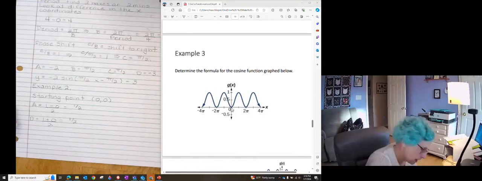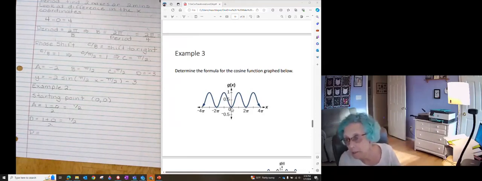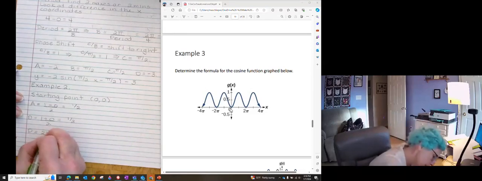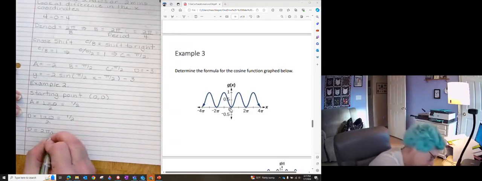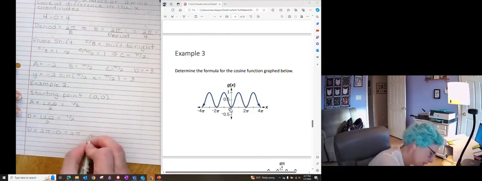Now we want to find my period, so let's look at the difference between two mins. We look at the x-coordinates: 0 to 2 pi, not pi over 2. 2 pi minus 0 is 2 pi.